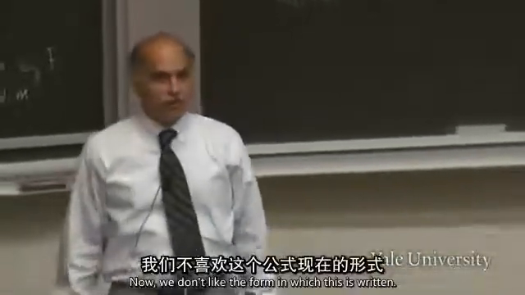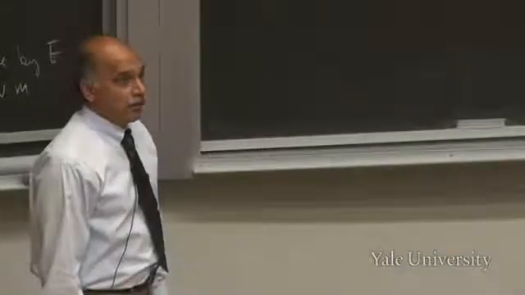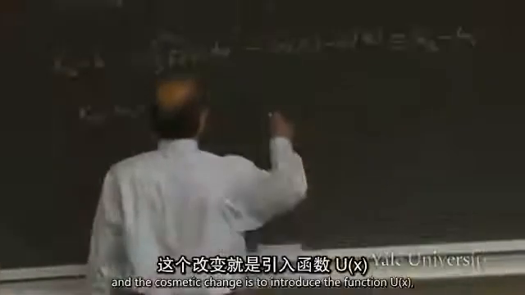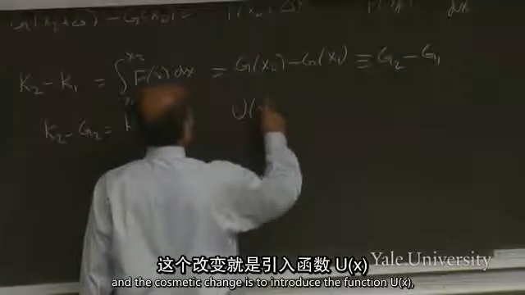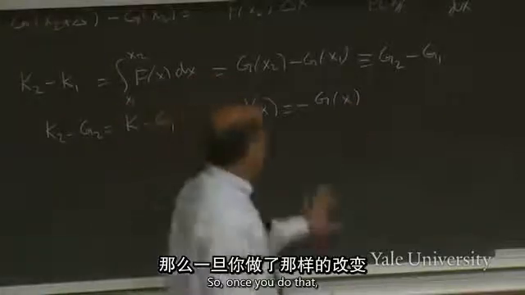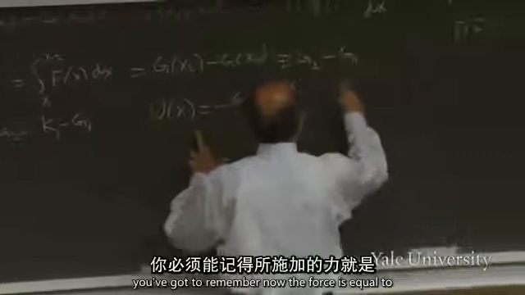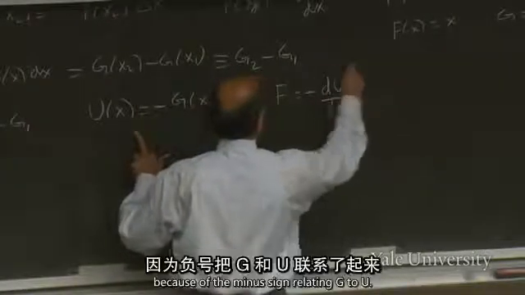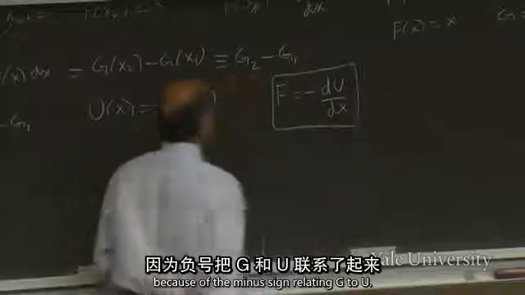Now we don't like the form in which this is written. We have to make a little cosmetic change, and the cosmetic change is to introduce a function u of x, which is minus this function g of x. Once you do that, you've got to remember that the force is equal to minus the derivative of this function, because of the minus sign relating g to u.